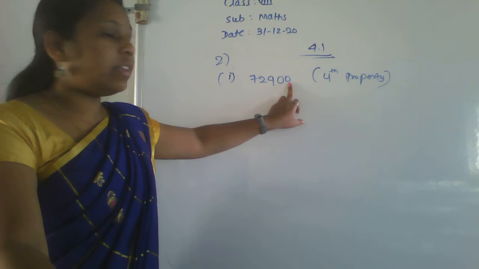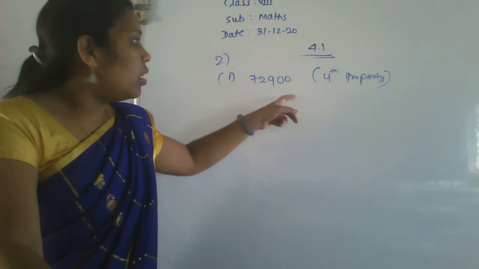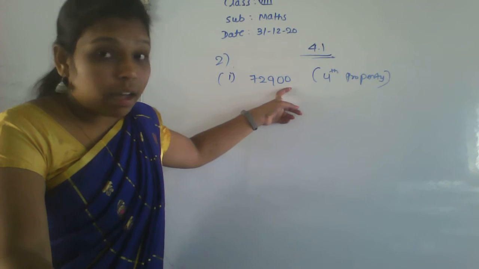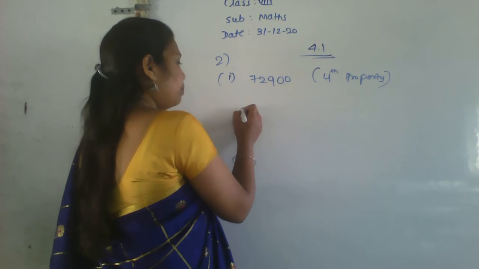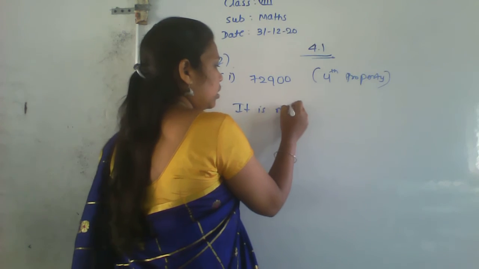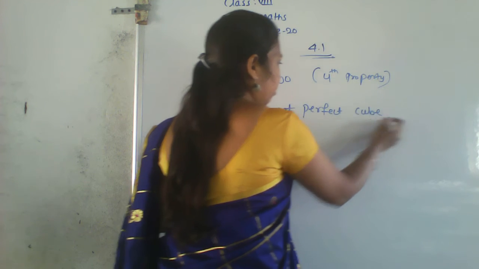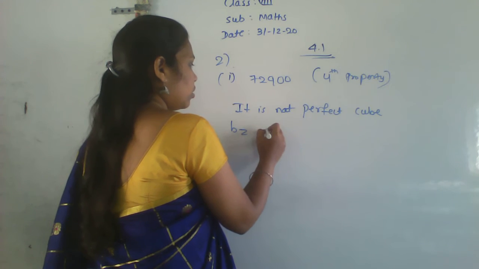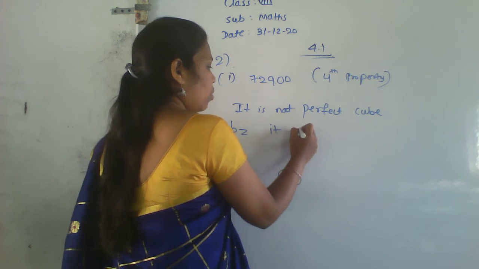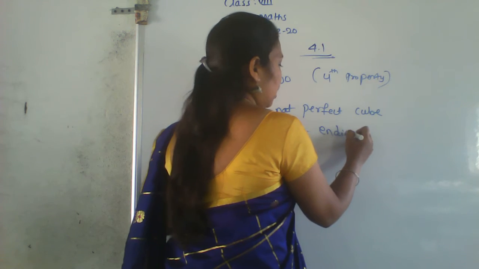Whichever ends with a 0, it must have 3 zeros at the end. Do we have 3 zeros here? No. So right here, it is not a perfect cube because it is not ending with 3 zeros.